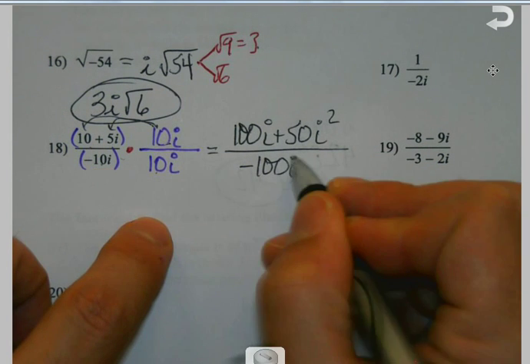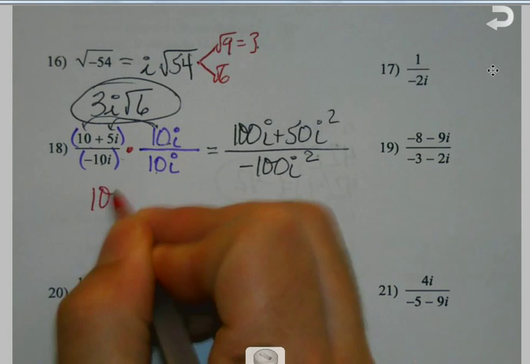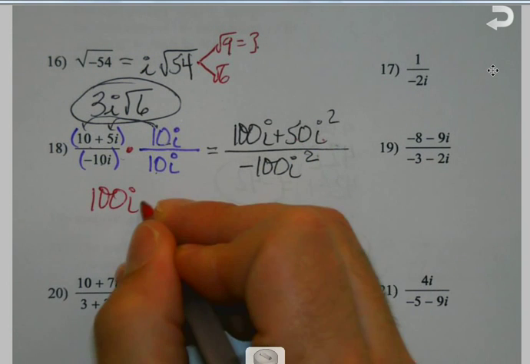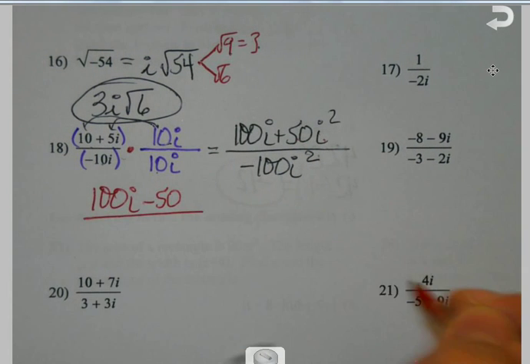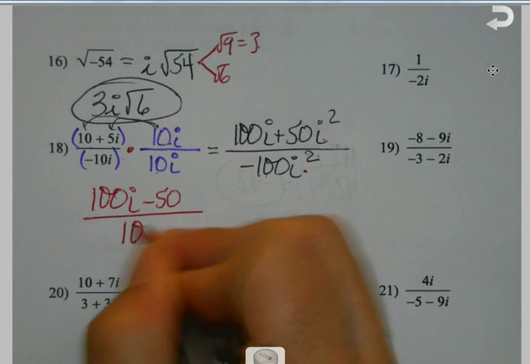And i times i is i squared. Now, we got to remember, oh yeah, we can't have i squared. That's negative 1. So 100i, 50 times negative 1 is negative 50. Negative 100 times negative 1 is positive 100.